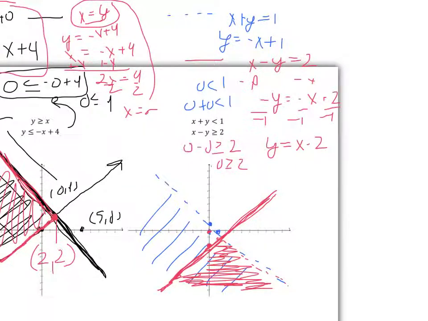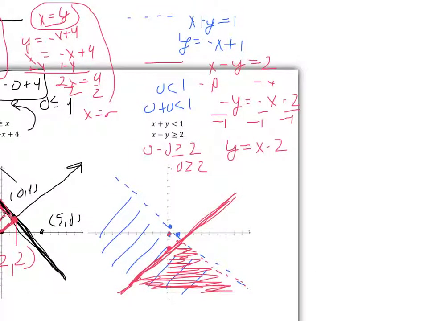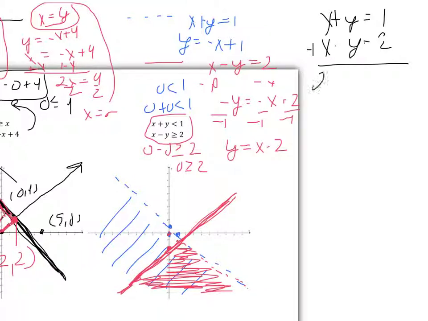So the last thing we want to do is go ahead and find the vertex of that, where the intersection point is, and that's nothing more than solving the system of equations from right here. We can solve x plus y equals 1 and x minus y equals 2. We can use elimination here to add these together. 2x, the y's cancel, equals 3, divide by 2. So x equals 1.5.